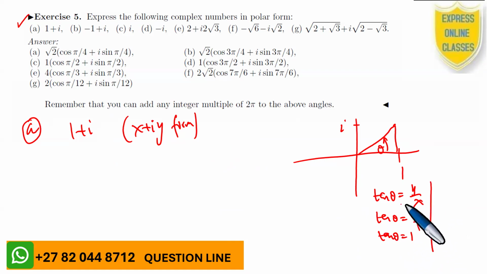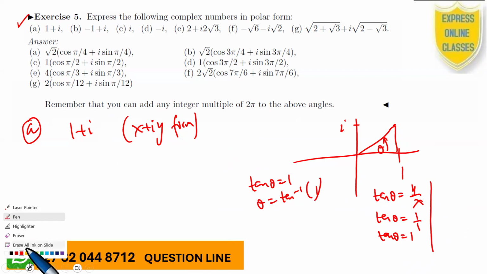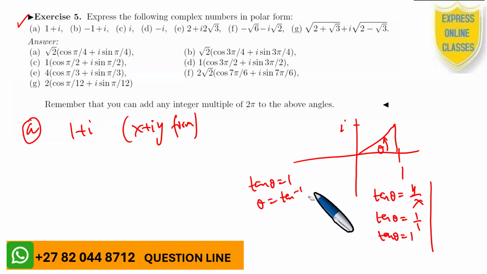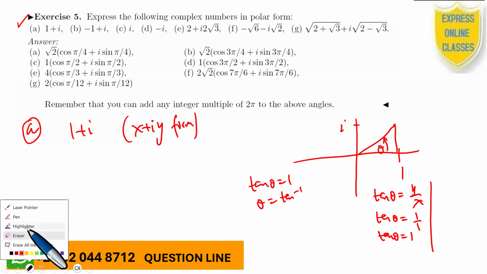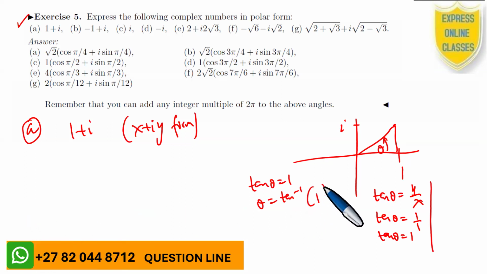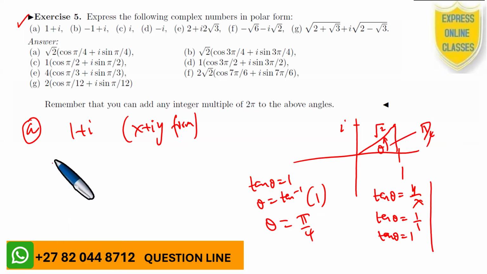Therefore, if tan theta is 1, theta is arctan 1, which is equal to pi over 4. Obviously, using Pythagoras theorem, this gives us the square root of 2 as well, and this angle becomes pi over 4 radians.